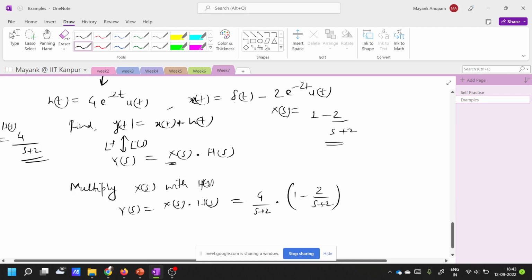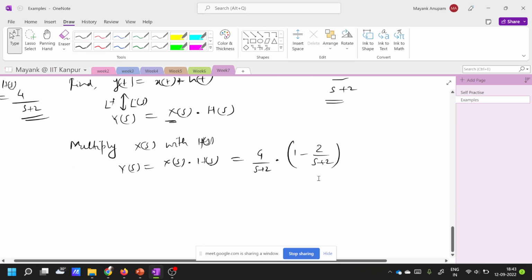Correct? Yes. So this is equal to 4 by s plus 2 multiplied by s plus 2 minus 2, which is again s divided by s plus 2. So this is equal to 4s divided by s plus 2 whole square. Correct?